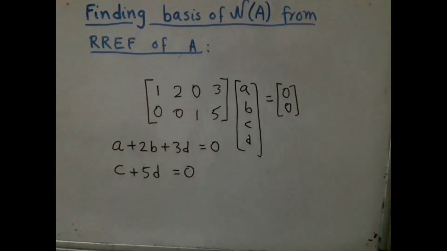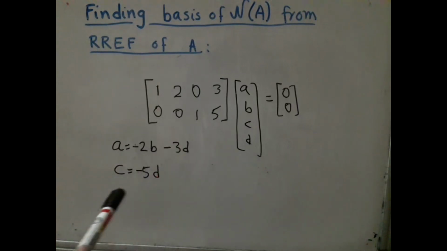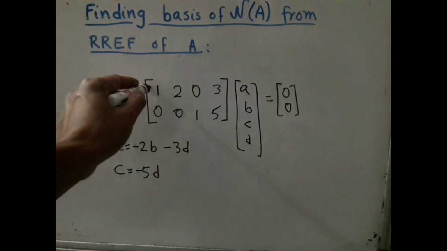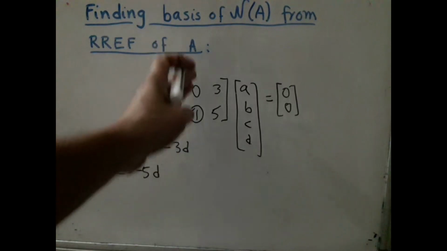Explicitly writing them as equations, I get these two equations. From these equations, we can write these two things. So I have expressed A in terms of B and D, C in terms of D. And how did I choose A and C? Because of these leading ones. They occurred in columns 1 and 3.